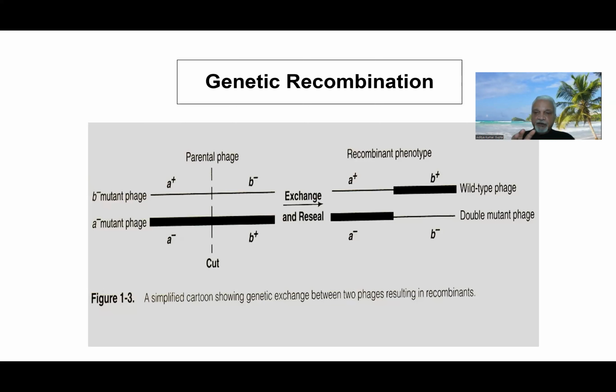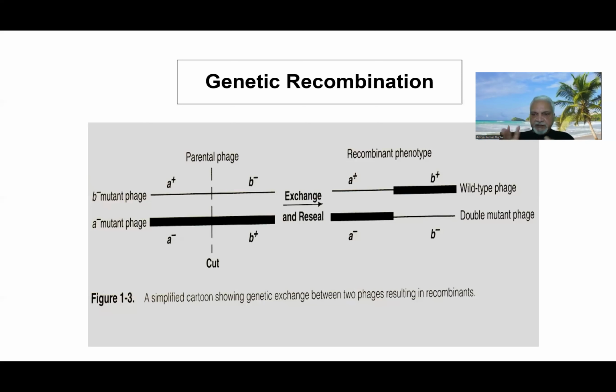So recombination, or the movement of a DNA fragment from one to another, results in a newer combination. If you look at the parental type, the parental is A plus B minus or A minus B plus, but after recombination, a new combination was generated, A plus B plus, which is the wild type.